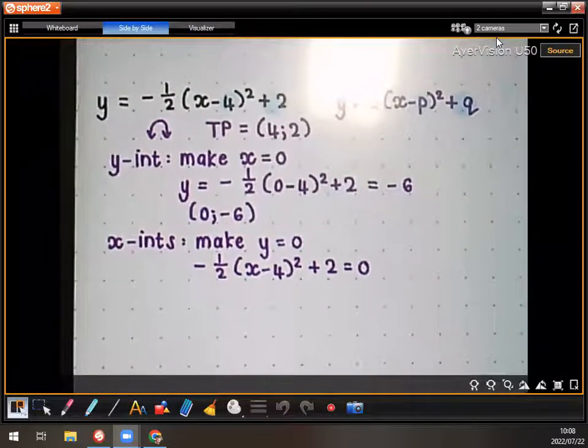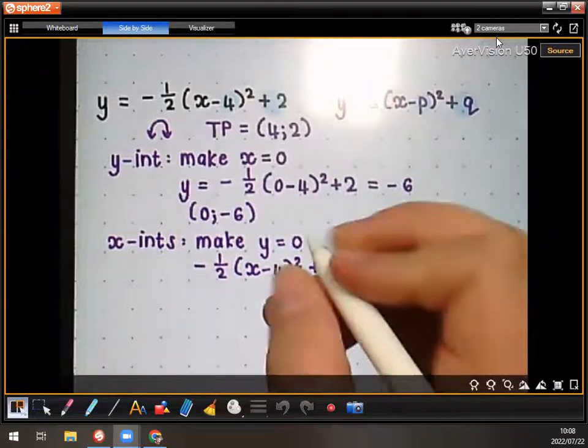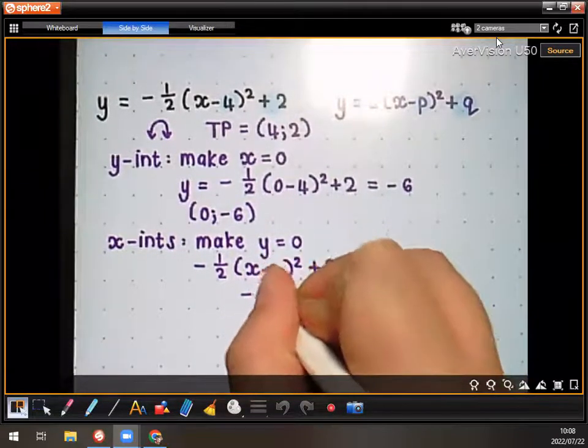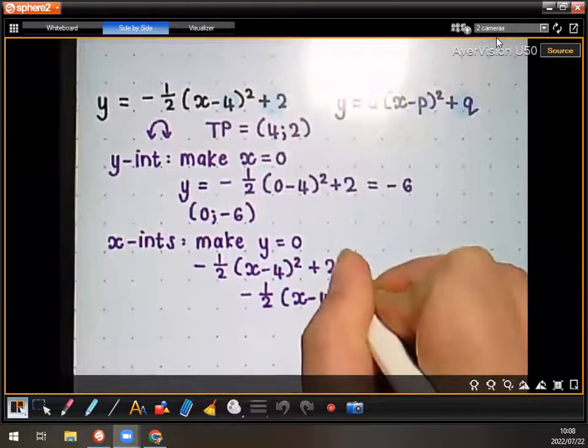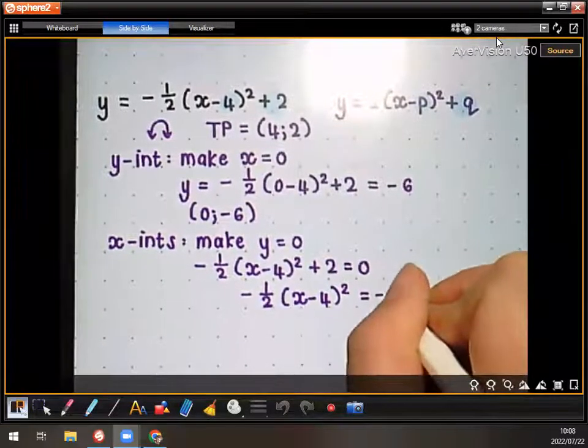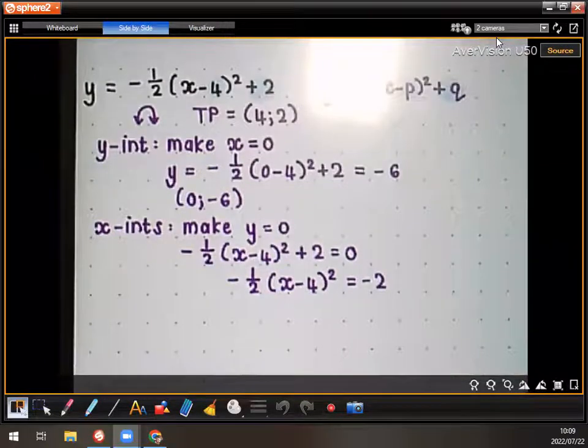So what I'm going to do is move this plus 2 over to that side. What's it going to become on the other side? Negative 2. Next, I'm going to get rid of this a value. What am I doing with this a value on the left-hand side? I'm multiplying by it, so when I move it, I'm going to have to divide by it.